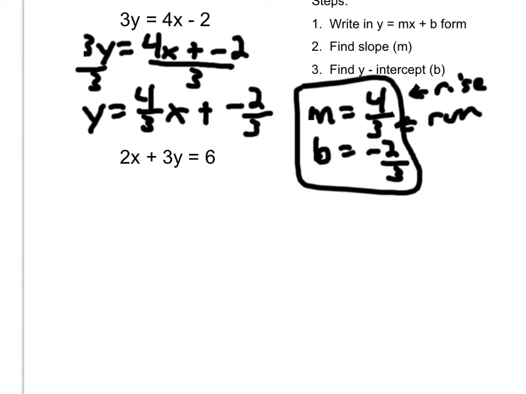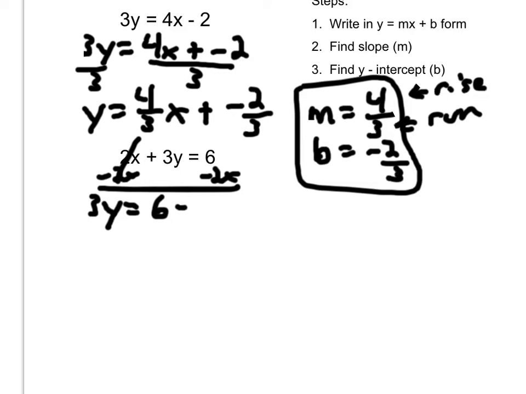First thing we do is get it in y equals mx plus b form. So I've got to get y by itself. So first thing we're going to do is take away 2x. And this cancels, and I get 3y equals 6 minus 2x. Okay, then I need to divide by 3.